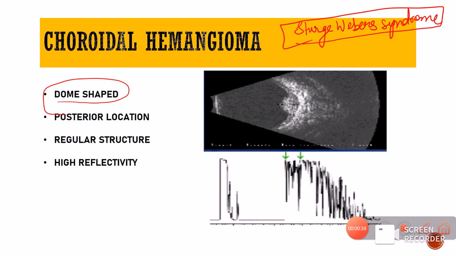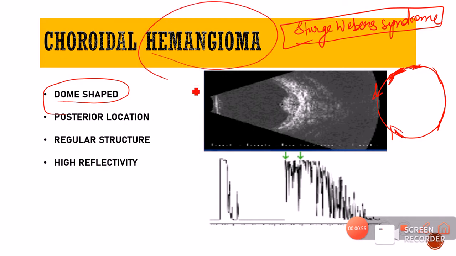Now, one more differentiation with melanoma is with respect to the location. A melanoma can occur in the anterior part of the choroid, in the posterior part of the choroid, or near the equator, anywhere, and it can also spread anteriorly to the ciliary body. However, in the case of hemangioma, usually the location is posterior.